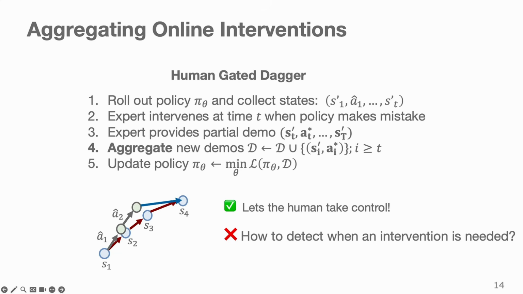So when the robot starts making a mistake, a human in the loop can take over and provide a partial demonstration for the remainder of the task. This is much more natural and effective, as it lets humans take control only when it's necessary, instead of labeling the whole thing.